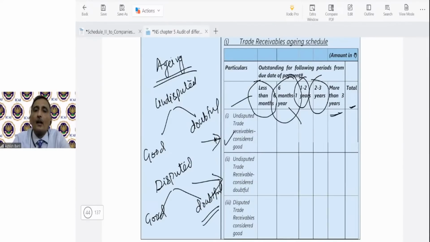And undisputed trade receivables considered doubtful: although there is no dispute as such, it is still considered doubtful that the party will make the payment.